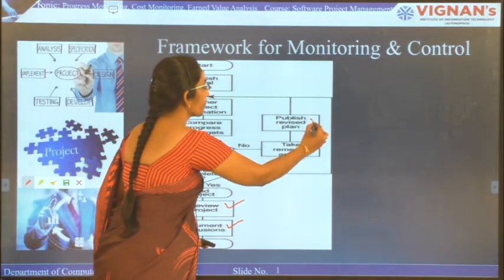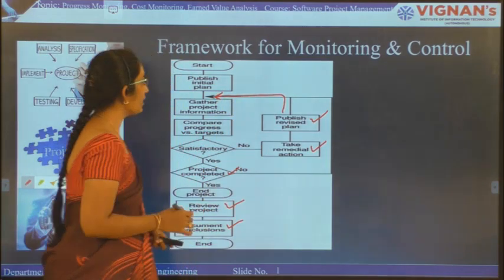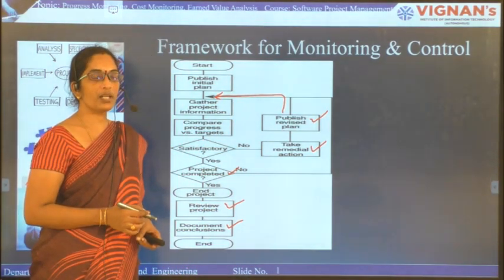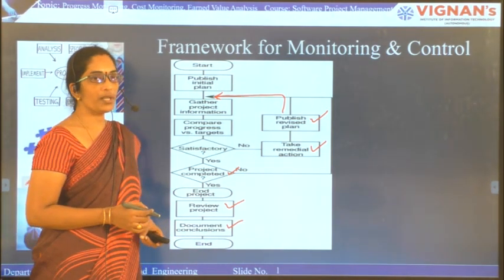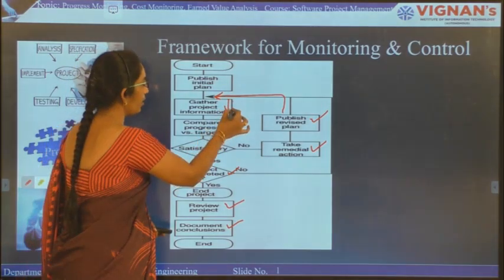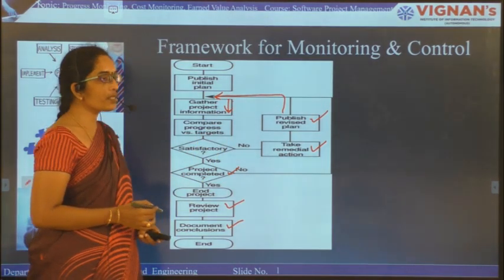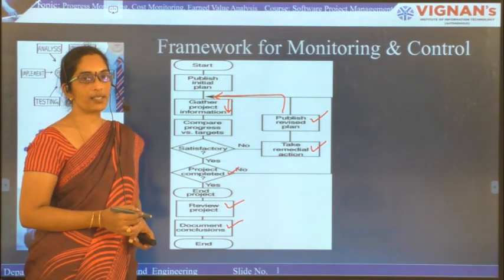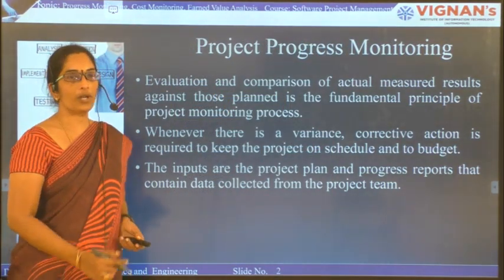After publishing this revised plan, again we will gather the requirements that are needed, refine the requirements, and continue the remaining process, where the progress of the project is again compared with the targets that are set for the project.